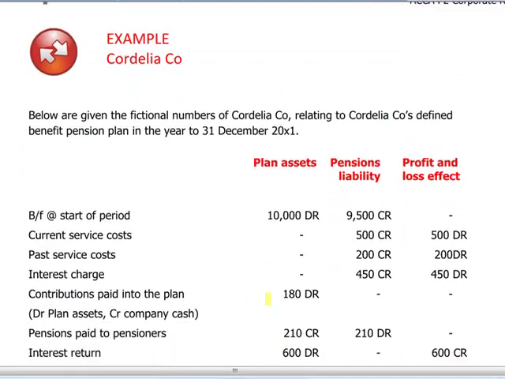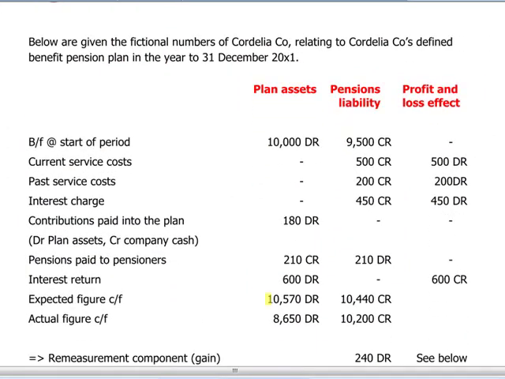If we look at numbers, how to account for it will become a little clearer. There are three accounts to follow: plan assets, pension liability, and what transaction will hit our profit and loss for the period. We will have an opening balance for both plan assets and plan liabilities. Current service cost is an increase in the liability because staff has worked one more year for us.